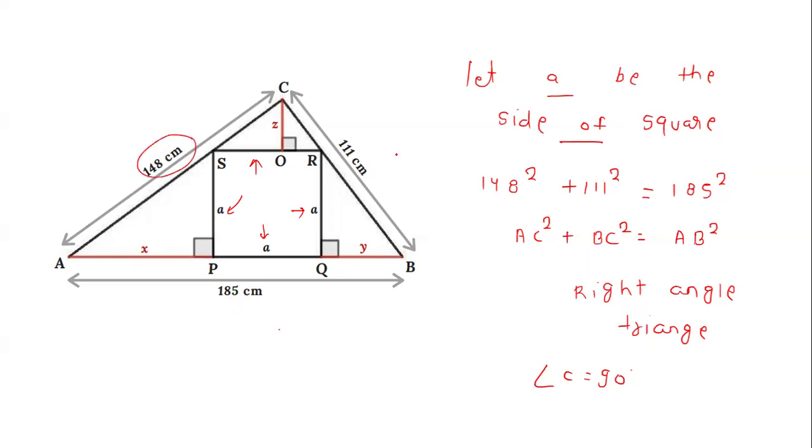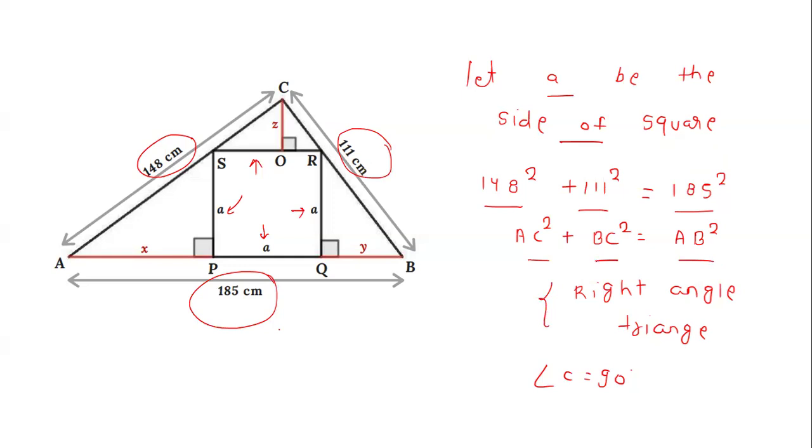One is 148, one is 111, and one is 185, and these are the sides of the triangle. But in the problem it is not directly given which type of triangle it is. If you do the square of this plus square of this, it will come equal to square of this: AC square plus BC square is equal to AB square. So it will come in the form of a right angle triangle.